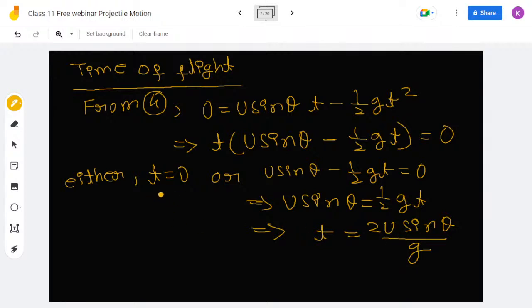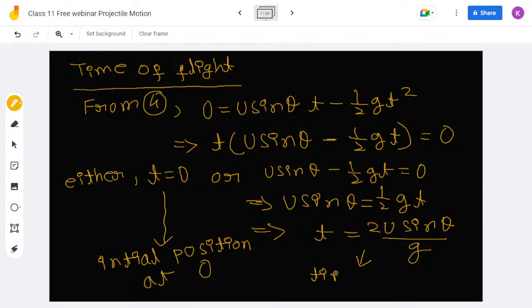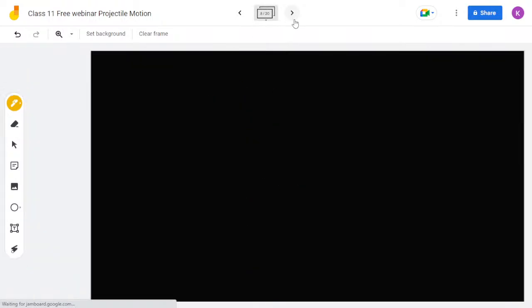But t equal to 0 is actually the initial position, or the position at the start, at origin or at point O. So the remaining time that we get from this equation is the time of flight, or the total time taken for the projectile motion.